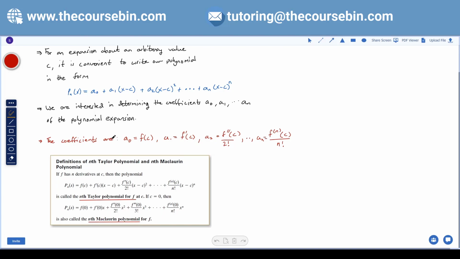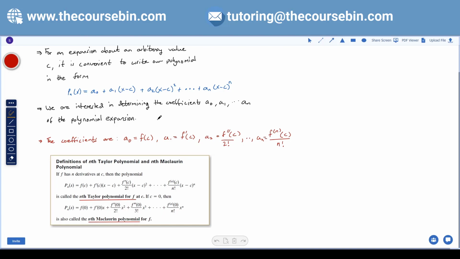Because remember, the condition is that not only must the function value and the polynomial value be equal, but the derivatives also must be equal, right? And in that process of requiring the derivatives to be equal, we were able to obtain the coefficients. So the coefficients are a naught is f of c, a1 is f prime of c, a2 is f double prime of c over 2 factorial, and so on and so forth.